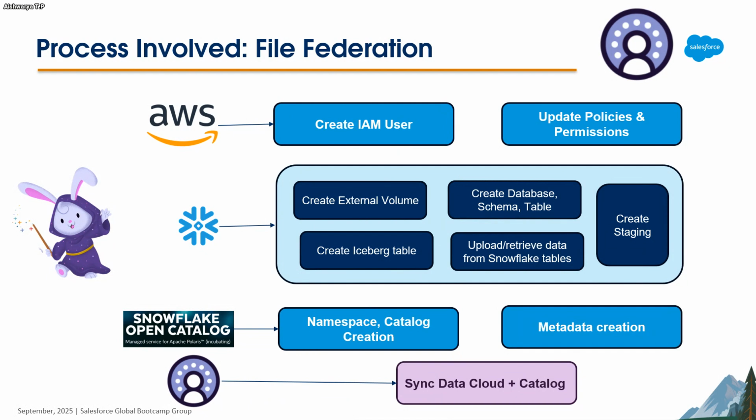And in Open Catalog, you will not see the actual data. You will just see the metadata, only the table format. If I have a table of 50 columns in Snowflake Open Catalog, I can see only the table of 50 columns. I will not see what is there in that file or in that particular table.